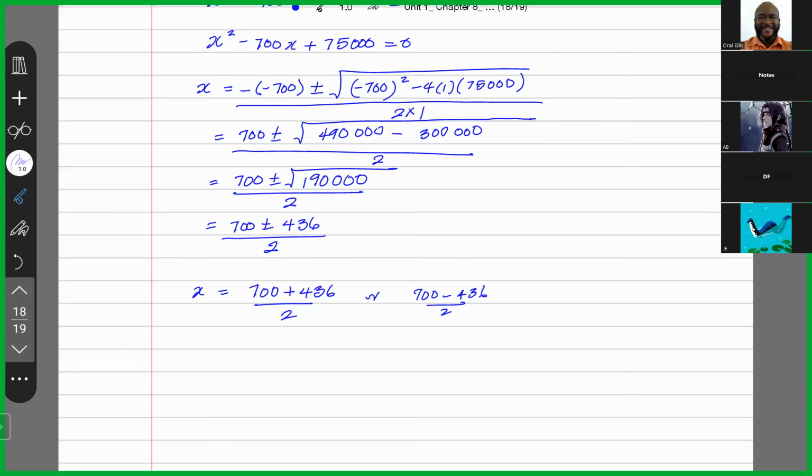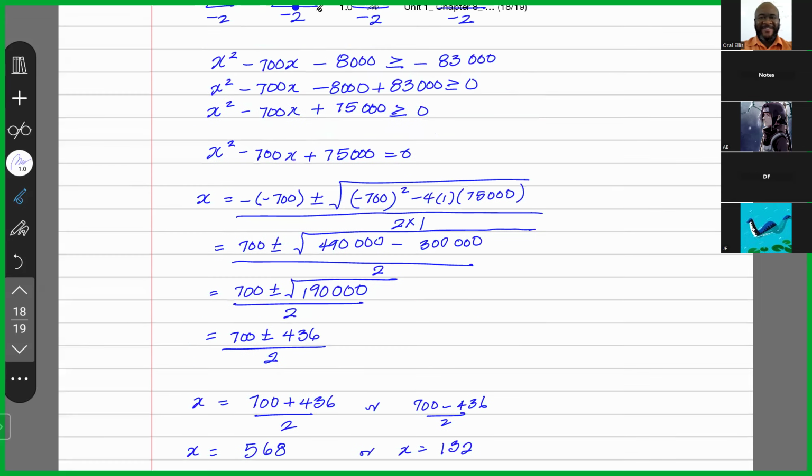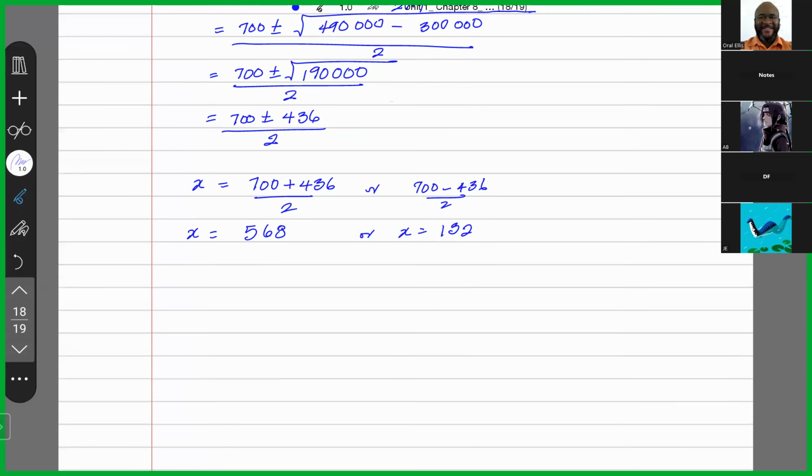So x is equal to 568, or x is equal to 132. And these are the values of x for which the expression is equal to 0.